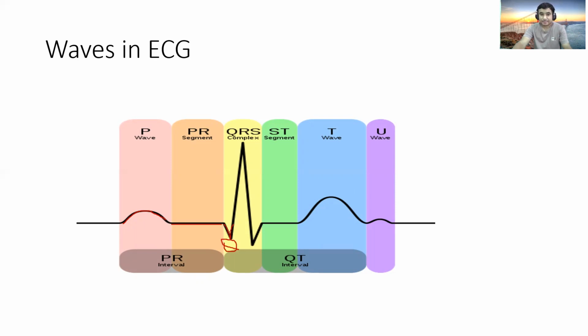Then there will be depolarization of the right ventricle as well as the left ventricle, but the mass of the left ventricle is much higher. That's why the current flows towards the foot and towards the left, giving a positive deflection.